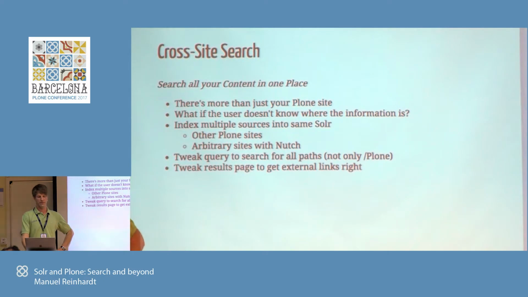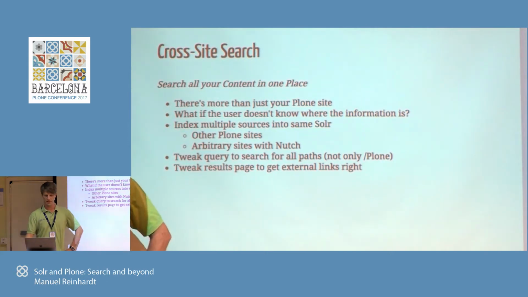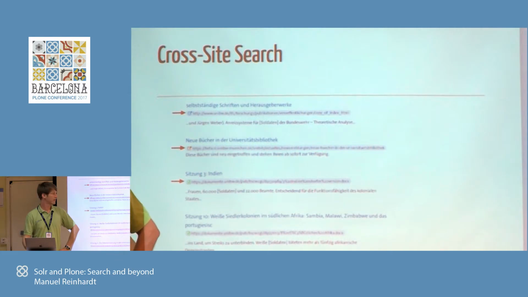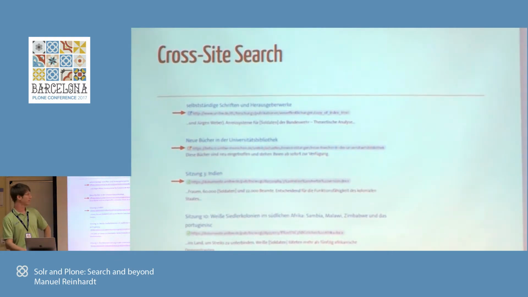And you tweak the results page that usually just links to your own Plone site, of course, because it assumes everything comes from there. And you do a little check where a result comes from, and you put the right domain or host name in to get the external link right. And this is the same example from before.